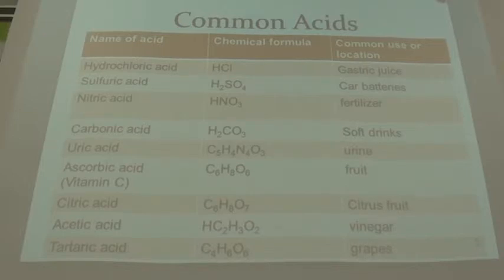Let's take this one by one, okay? We'll talk as we're filling, okay? Hydrochloric acid has a chemical formula, HCl. It's found in gastric juice. What is gastric referring to? Yep, stomach. It's the acid in your stomach. It is incredibly concentrated and strong. Why doesn't it burn a hole in your stomach?